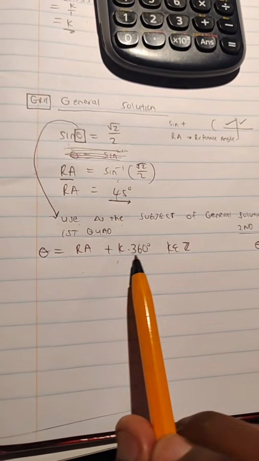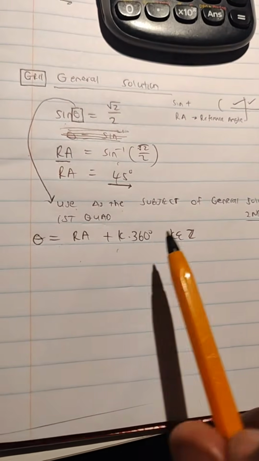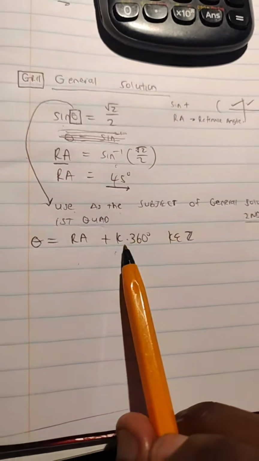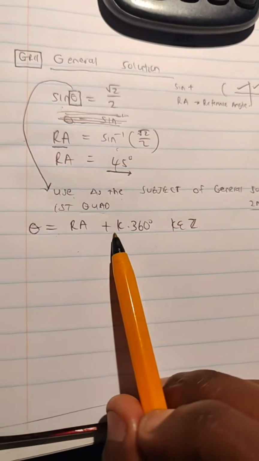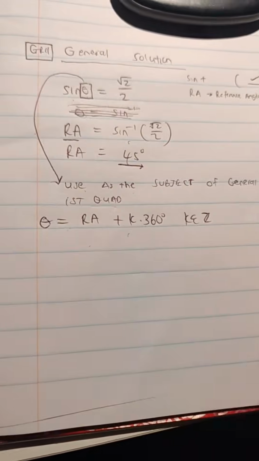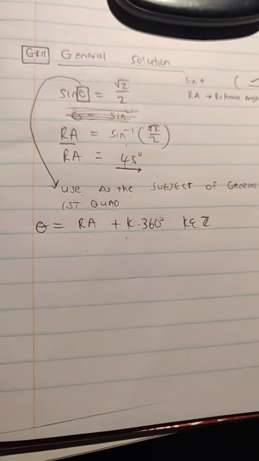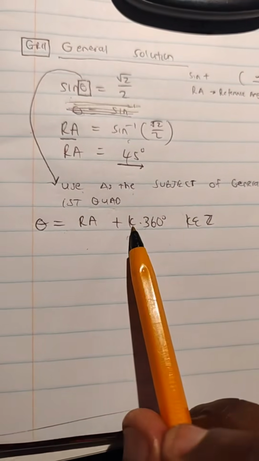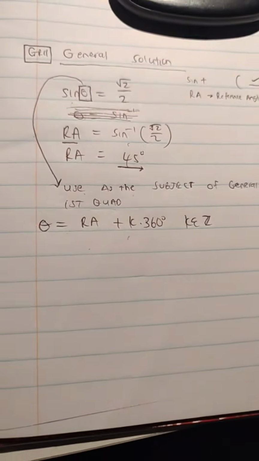If we stay in the first revolution, it's 1 times 360. If we want to extend and enter the second revolution, we multiply k by 2. Third revolution, we multiply k by 3. Fourth revolution, and so it goes. If you want to go back to your negative angles, you times by -1, -2, -3.